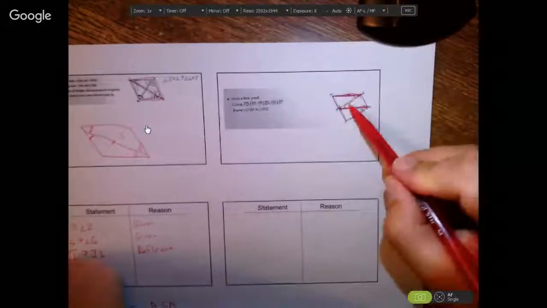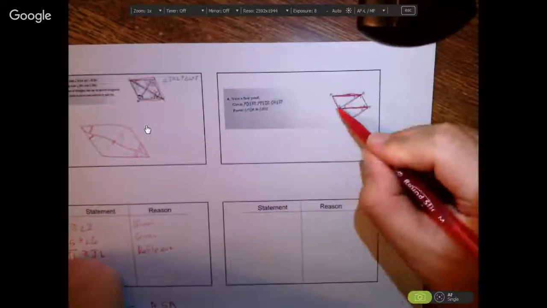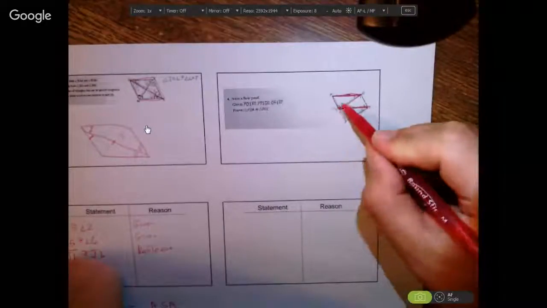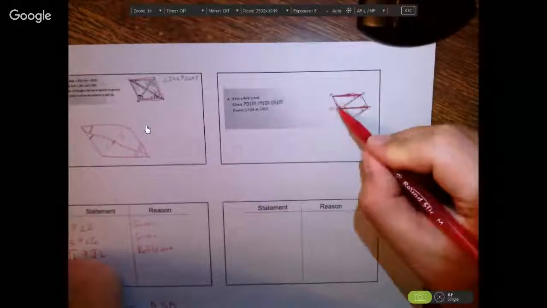But that's it. I can't say that 3 is congruent to 1 because it's been cut. It would have to be all the way out here in this whole angle, but it's been cut. I said that wrong. Angle 4 is congruent to angle 2. Awesome. Alternate interior angles.